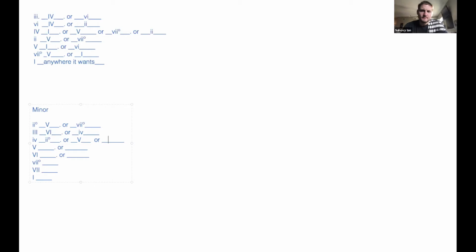Can we do a plagal in minor? Yes, we can, but you don't get as many enthusiastic amens. 5 is exactly the same, right? It's the exact same chords. 5 can go to 1. 5 can go to 6.